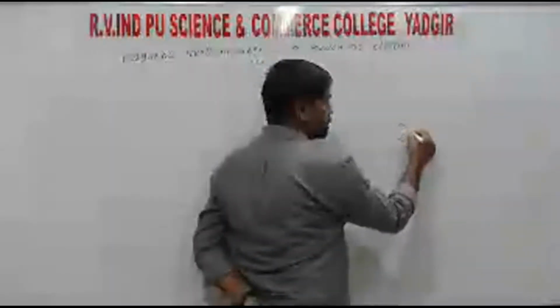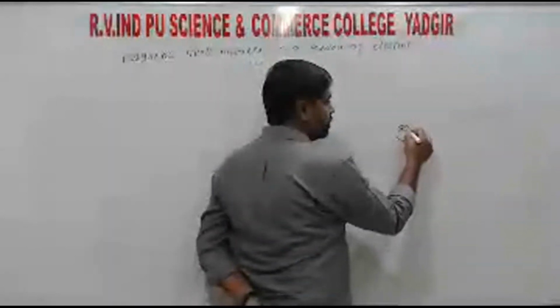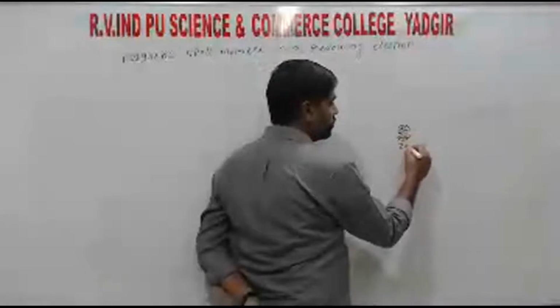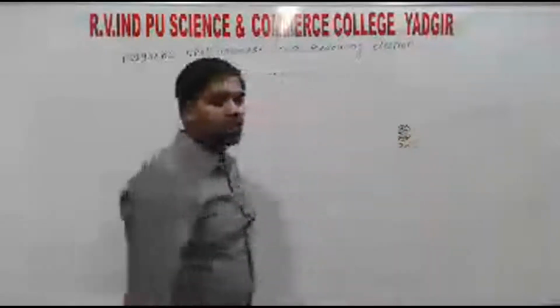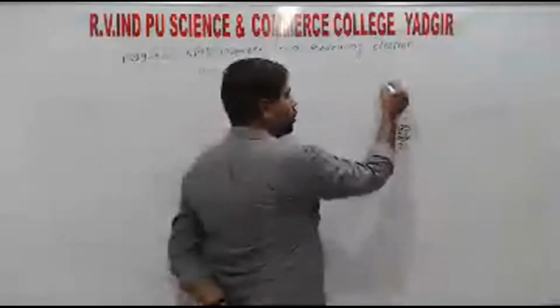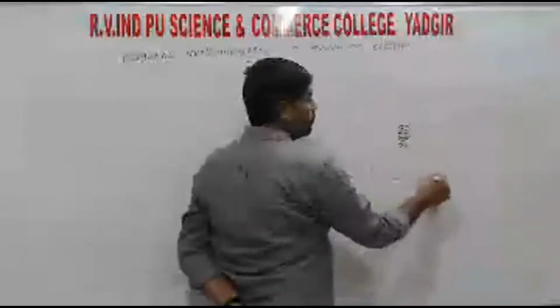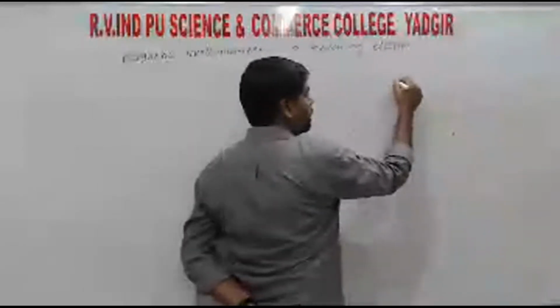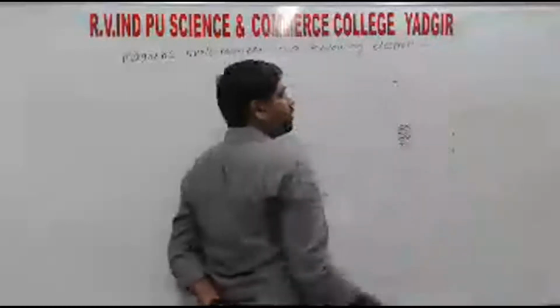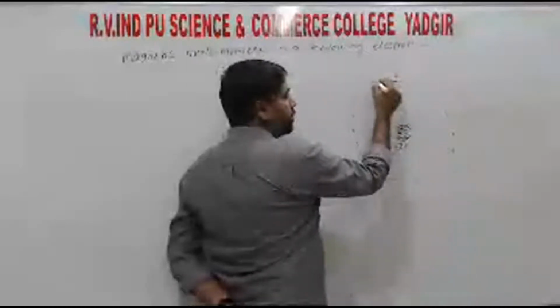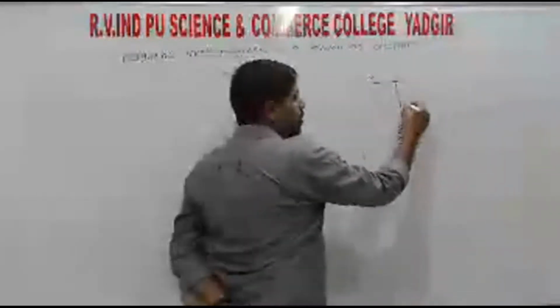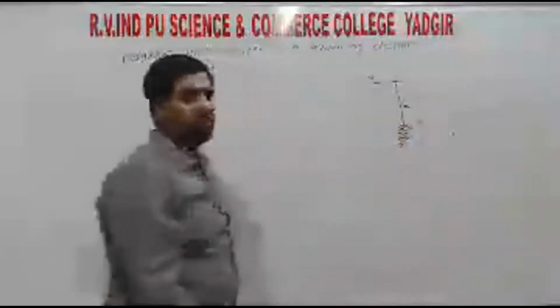Bohr's atomic model consists of a nucleus of charge Ze. It is a positively charged nucleus and the electron of charge e is revolving around the nucleus, moving with a constant speed v at a distance r from the center of the nucleus, right?